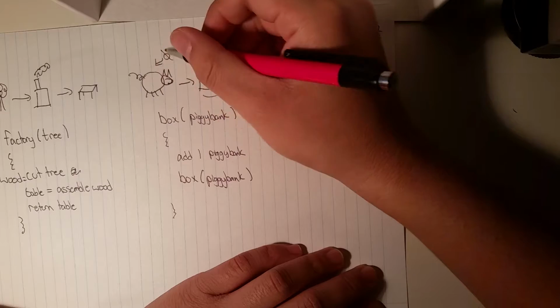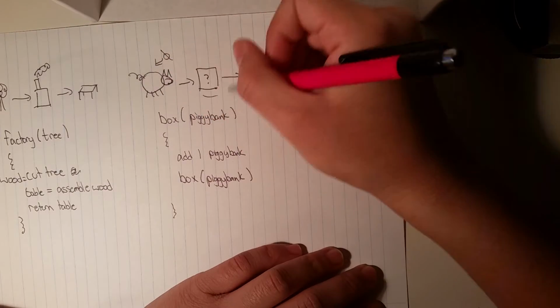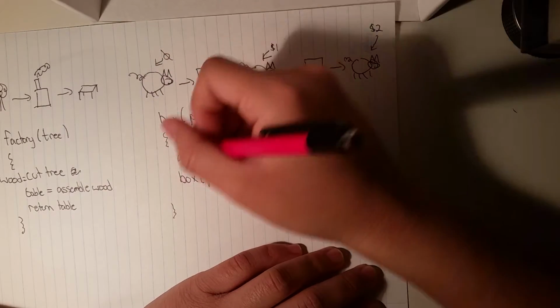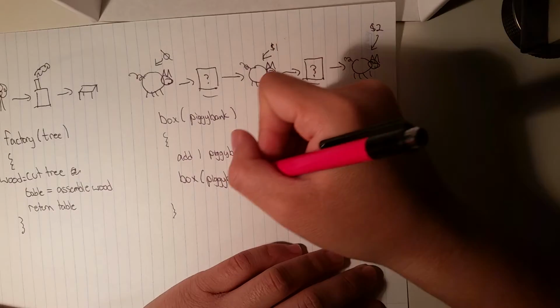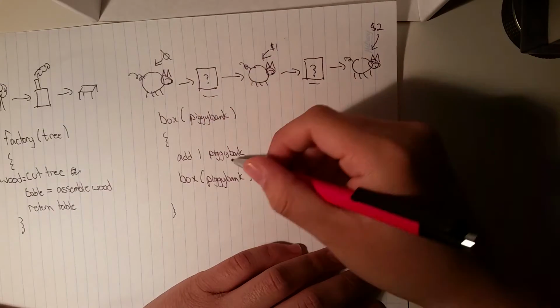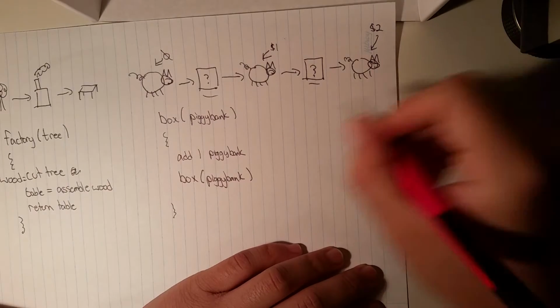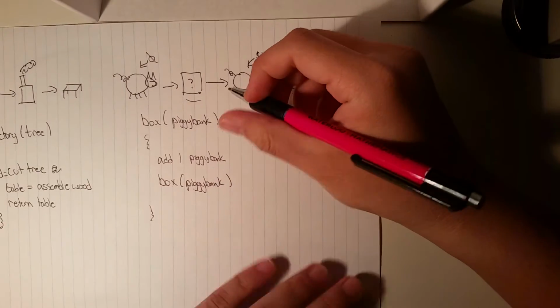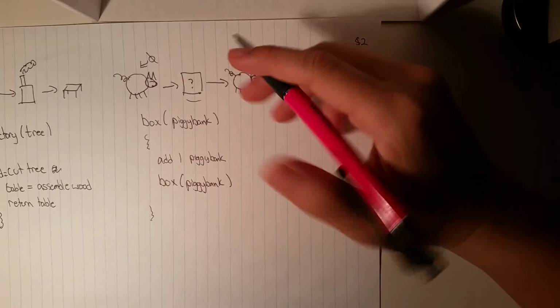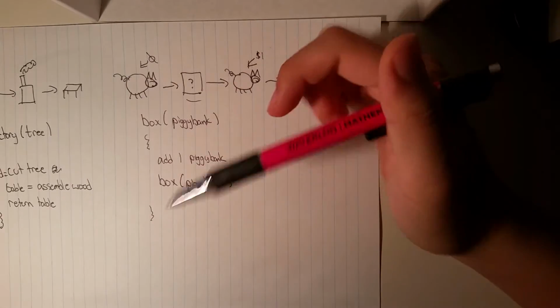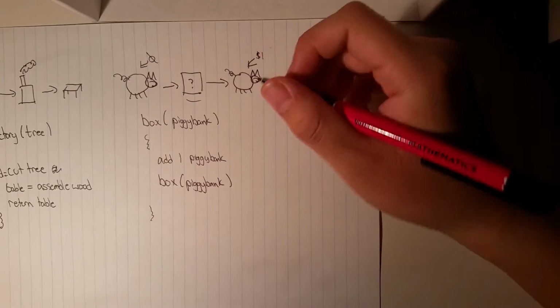So again, we have a piggy bank with $0. It goes in the function. It gets $1. It's passed back into the function. $1 is added, and then we get a piggy bank with $2, and this would go on forever and ever. And since it goes on forever and ever, it's not what we really want. We want to reach a certain case, and then we stop.